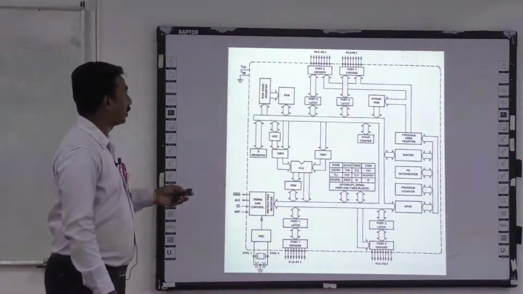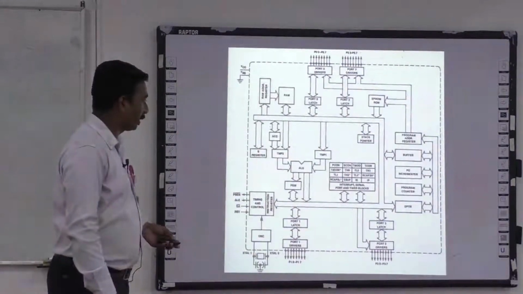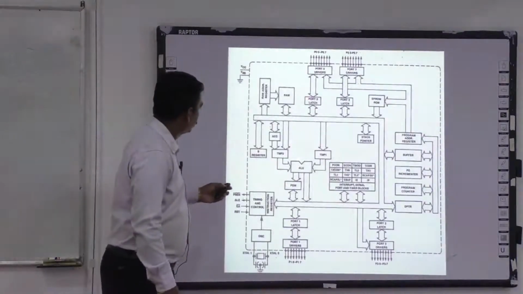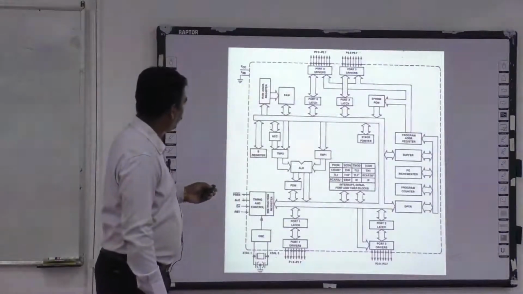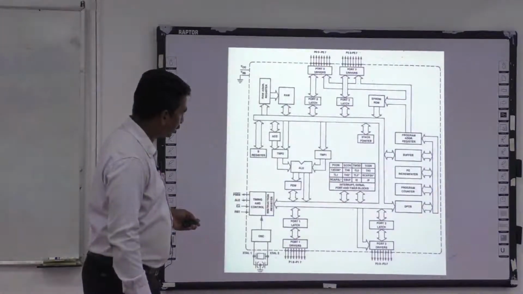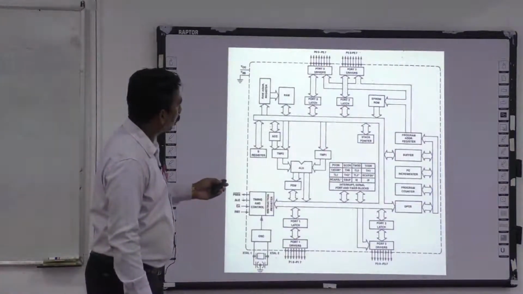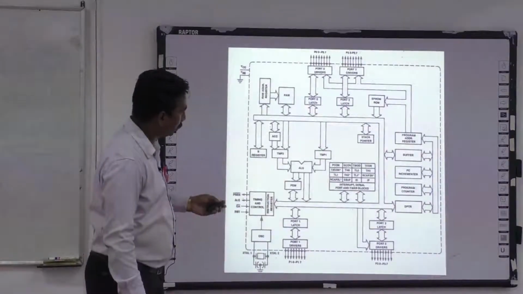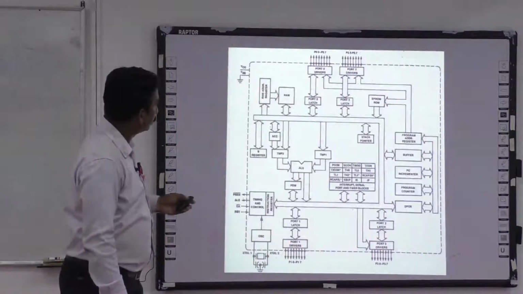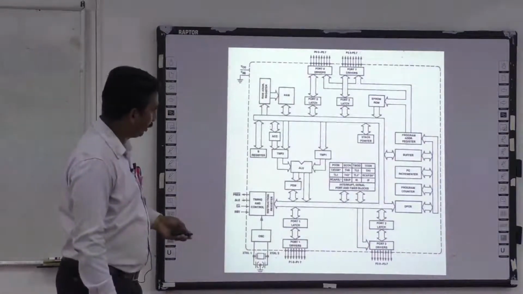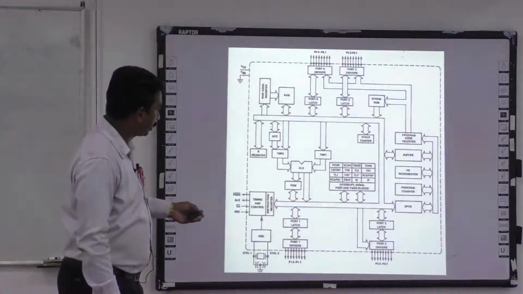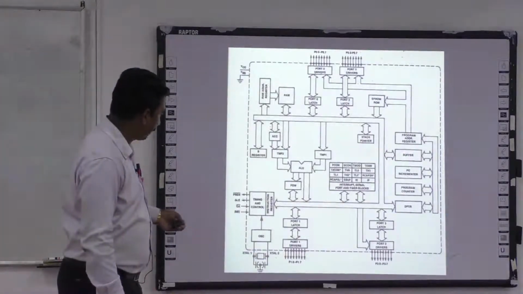And this is the actual architecture of 8051. Here we can see the memory RAM, the accumulator, ALU, program status word, and the input output ports. There is port 0, port 1, port 2, and port 3. And memories, control signals, the arithmetic logic unit with the program status word, and timing controls.